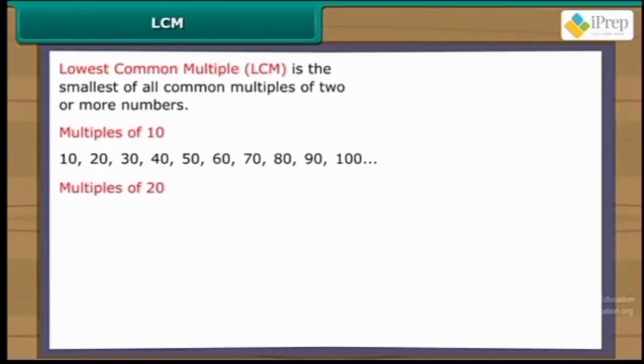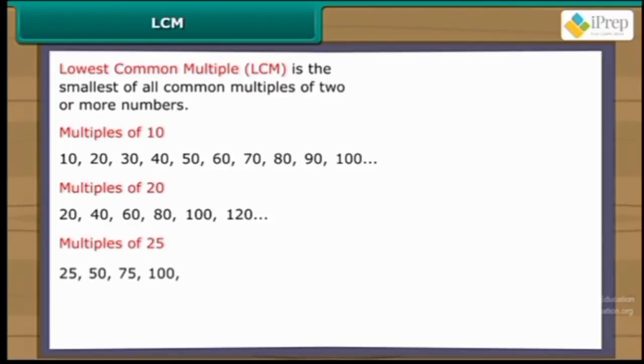Multiples of 20 are 20, 40, 60, 80, 100, 120 and so on. Multiples of 25 are 25, 50, 75, 100, 125, 150 and so on. The first common multiple of 10, 20 and 25 is 100. Therefore, LCM of 10, 20 and 25 is 100.